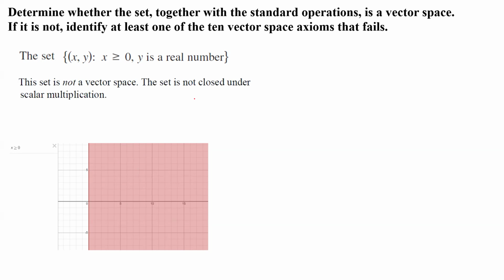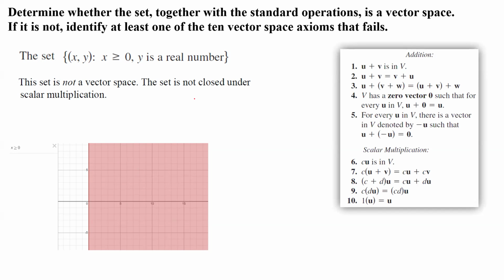Now, this set is not a vector space. Why is that? Because the set is not closed under scalar multiplication. How so? For example, if I take negative 1 and multiply this vector, which is (3, 2), by negative 1, I get (negative 3, negative 2), which is not in this set. So take a look. I have (3, 2), which is just this point here.